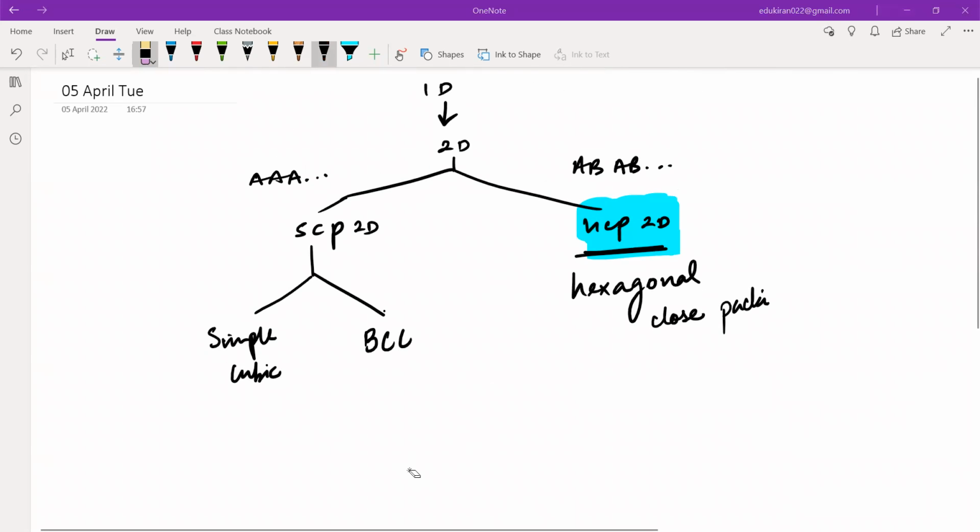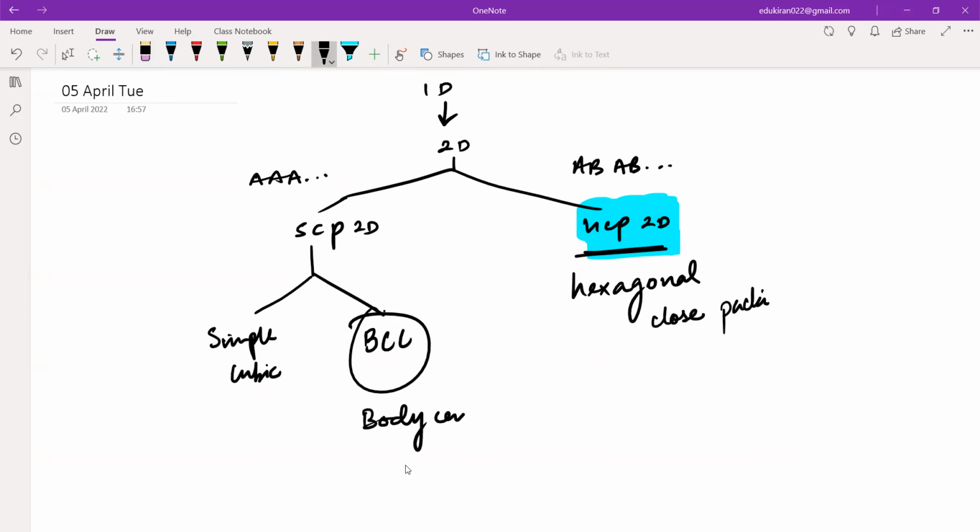Now those who have answered correctly: BCC, that is body centered cubic, has a greater packing efficiency than simple cubic, and in the case of 2D structure we saw that HCP has a better packing than SCP. Now in both cases one thing is very common.